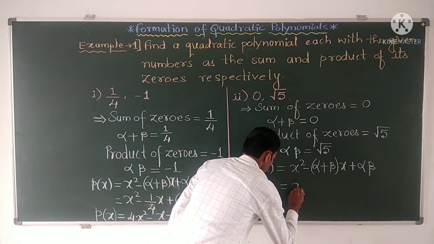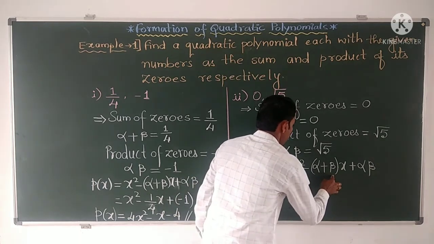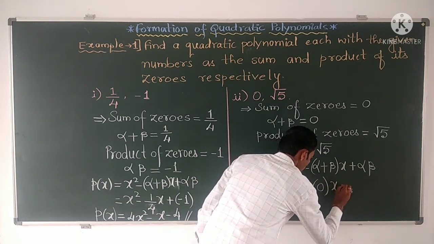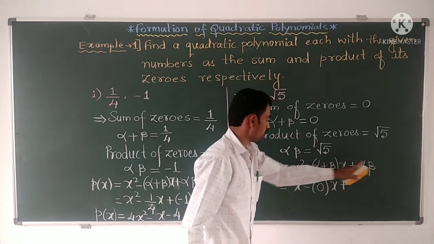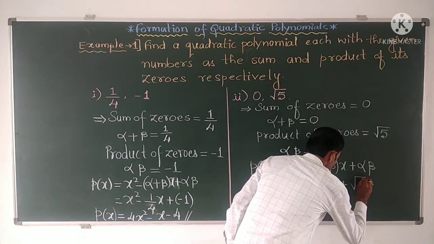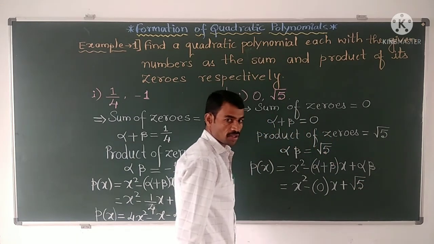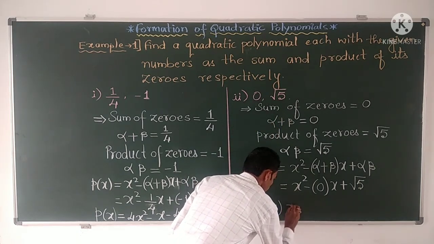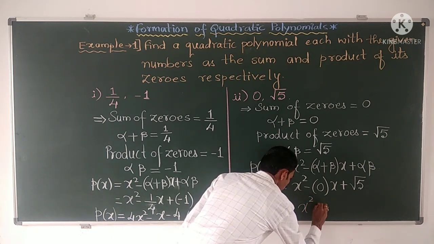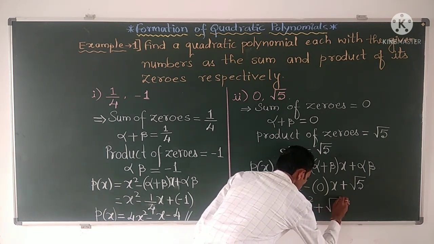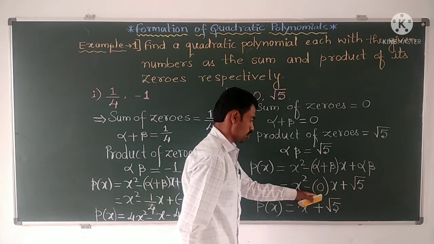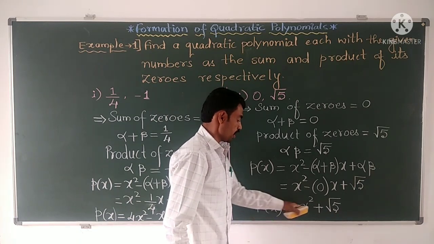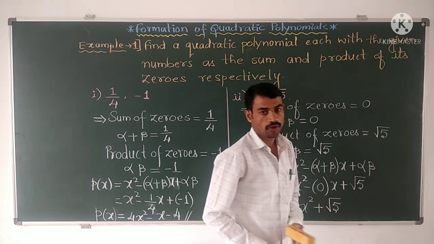Substitute all values: x square minus 0 into x plus root 5, since alpha beta is root 5. So 0 into x is 0. The given quadratic polynomial is x square plus root 5. Clear?